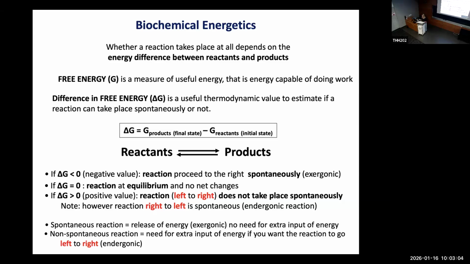It's not favorable, and it's called endergonic. In order to proceed, it would require an input of energy. The cell has ways of getting endergonic reactions to happen, and we'll talk about how that works. Okay, questions on those concepts?